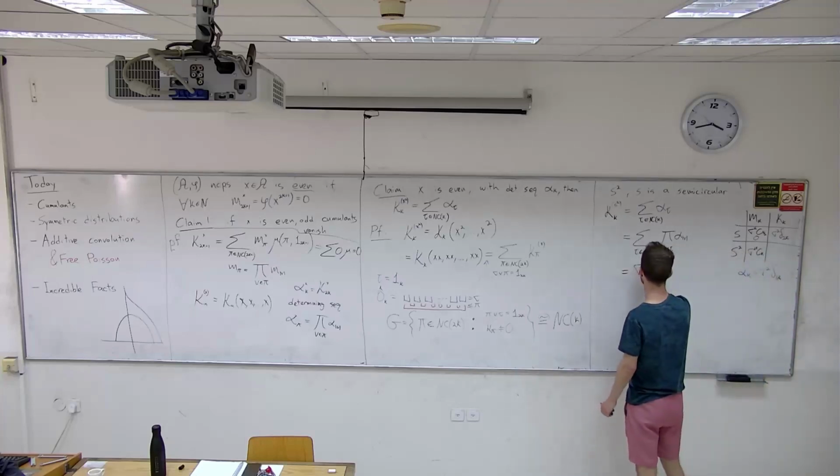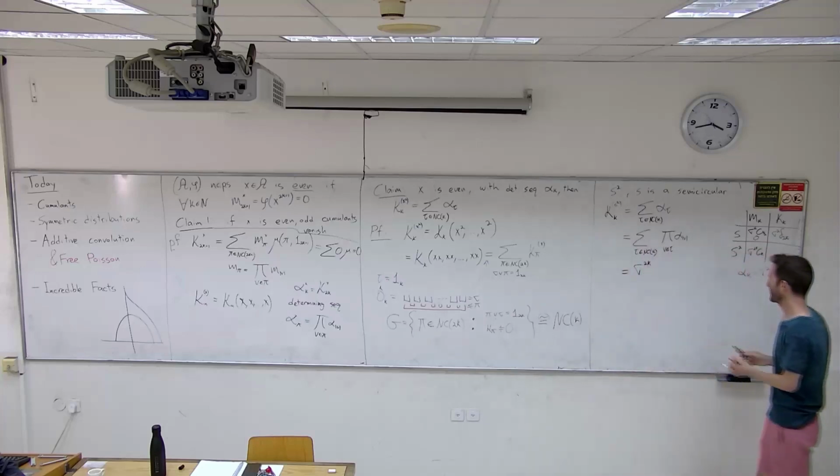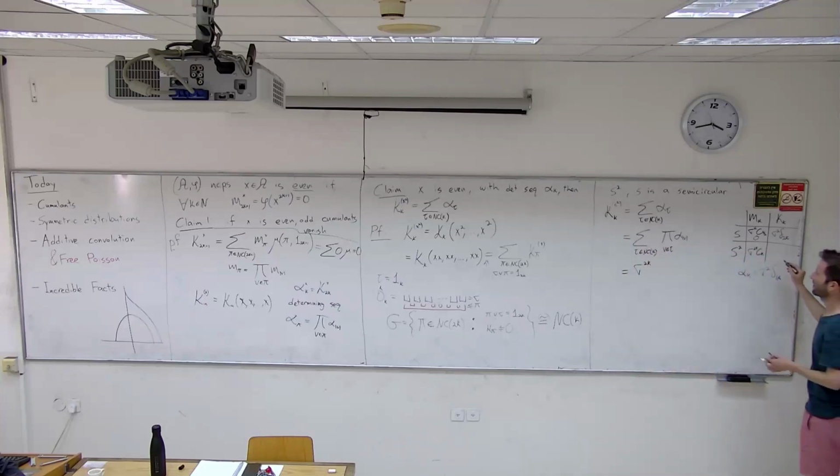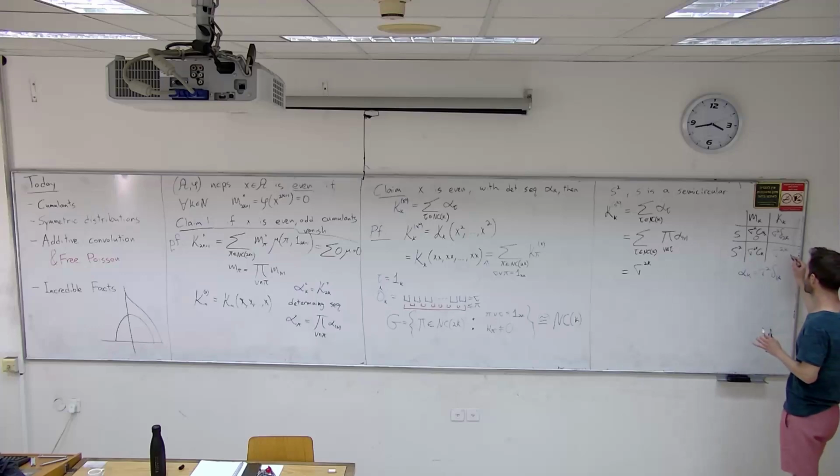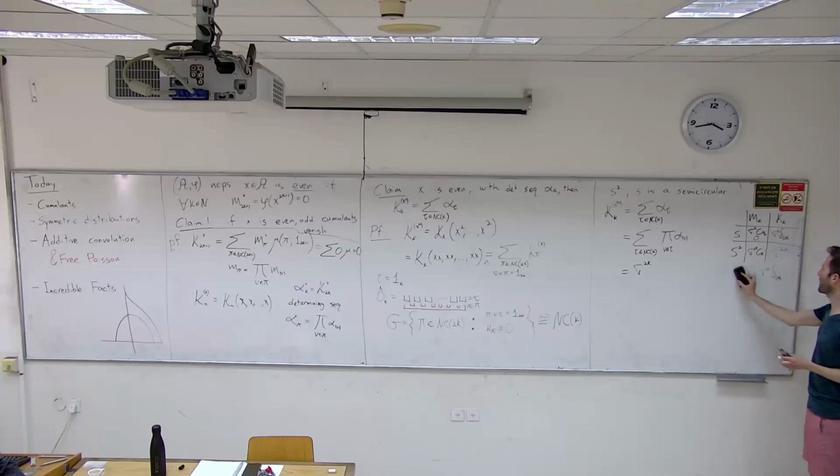So this is sigma to the 2k. Weirdly, the cumulants of the semicircular elements squared are sigma to the 2k. I don't have anything smart to say about it, but it's in a different color here, and let's keep this in mind, because this is going to appear in the next thing we're going to do.